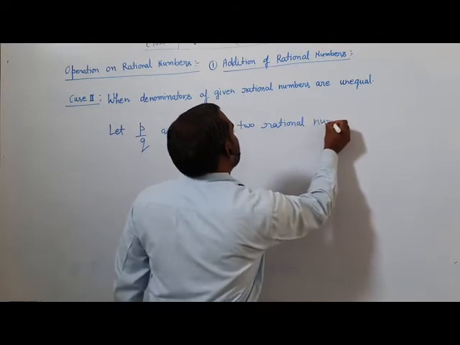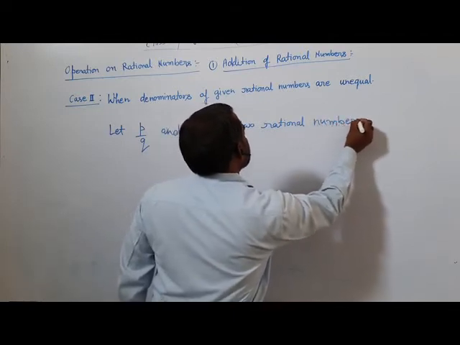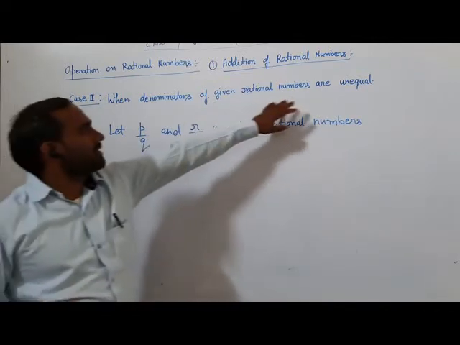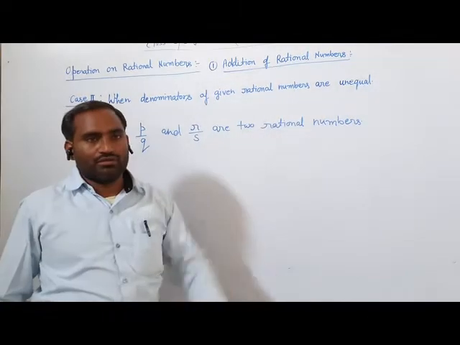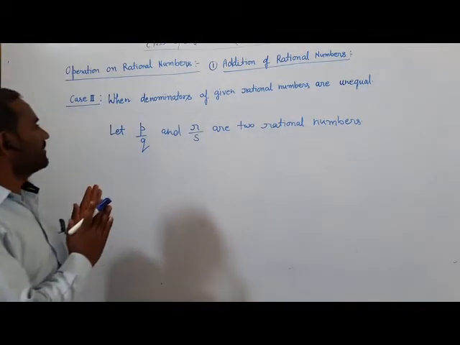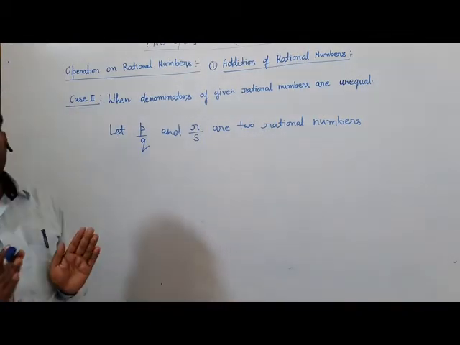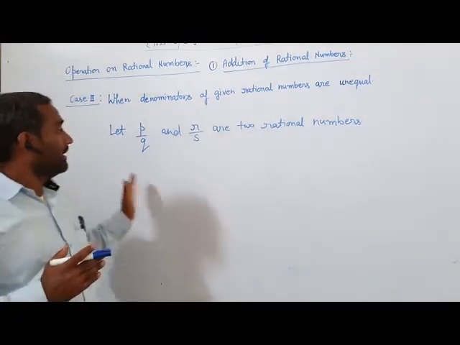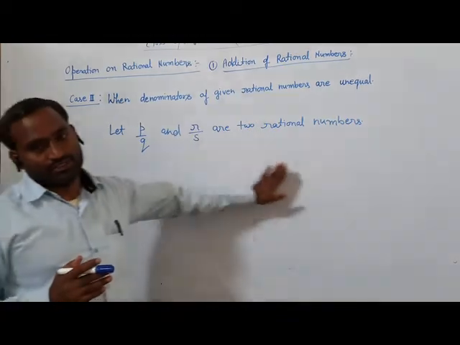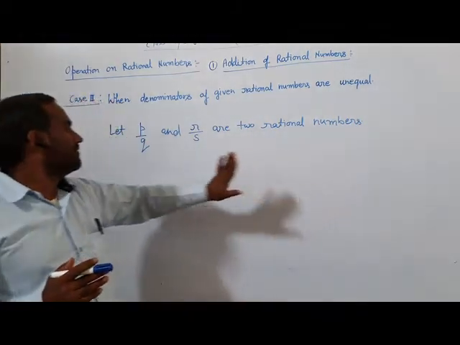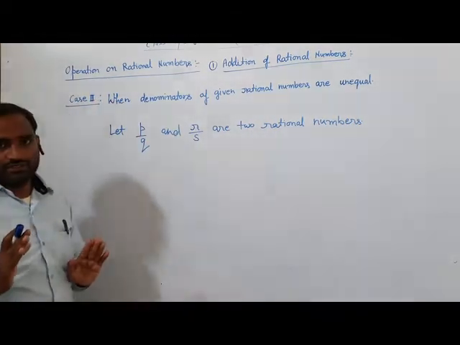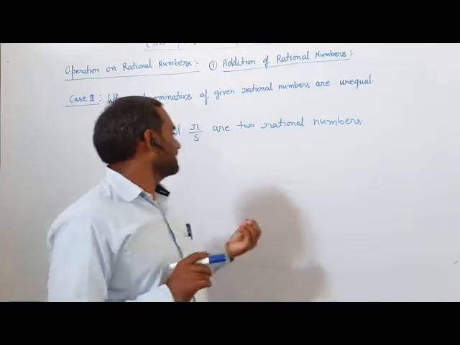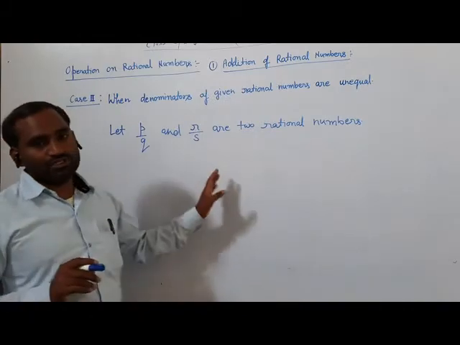When the denominators of given rational numbers are unequal, what should I do in those conditions? First of all, we see that the denominator should be positive.